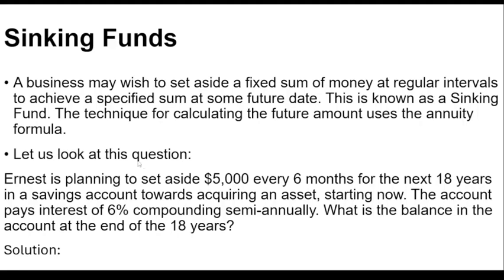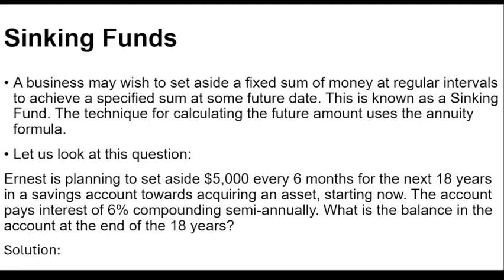So, is this an ordinary annuity or an annuity due? Now, read the question carefully. For you to be able to answer this question, you need to determine whether the payment, the principal amount or the amount of investment, is being set aside at the beginning of the period or at the end of the period.